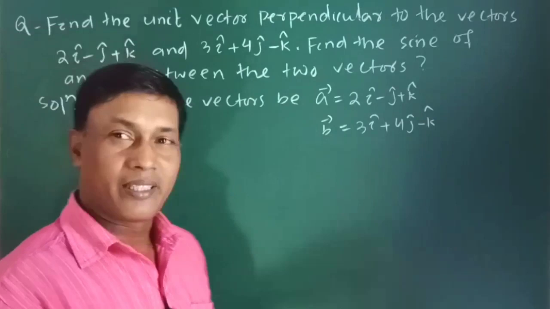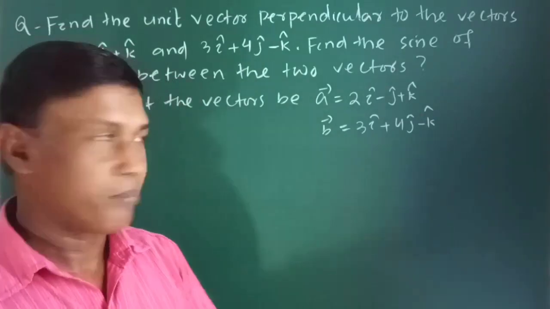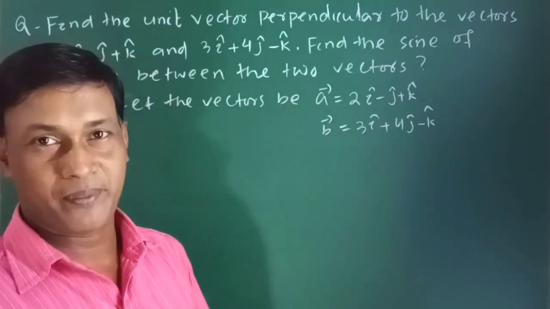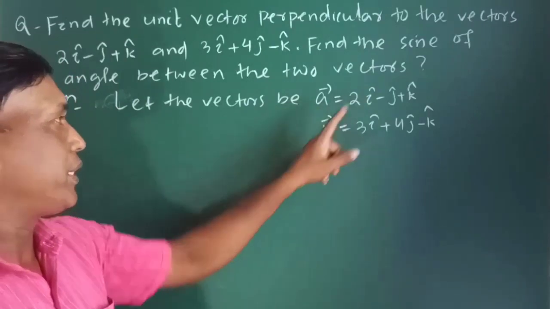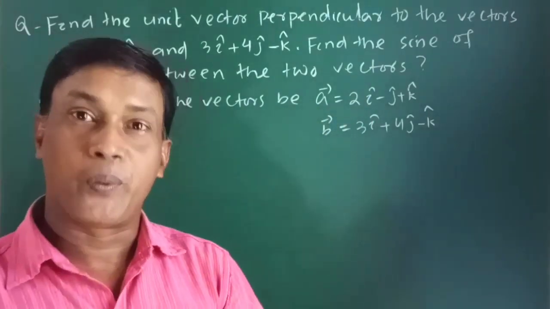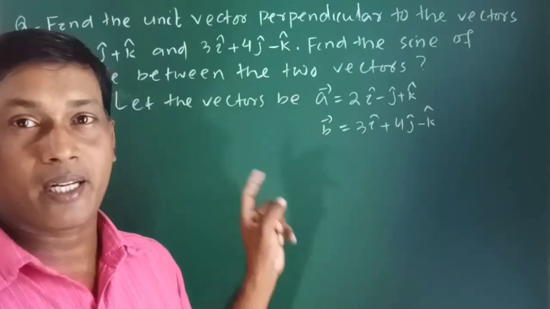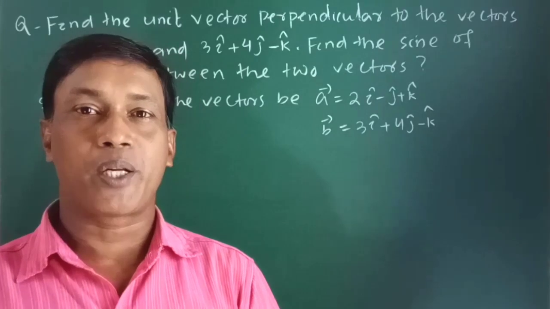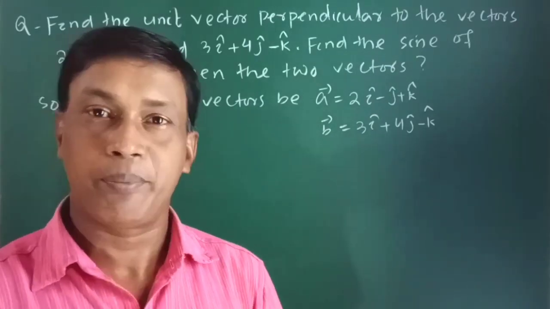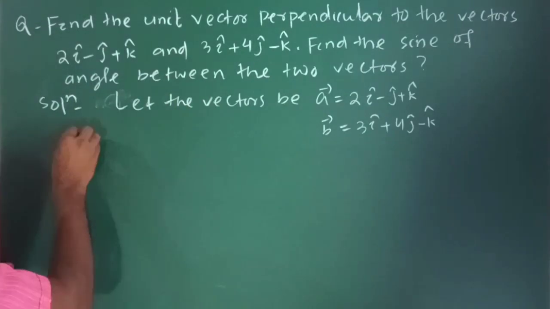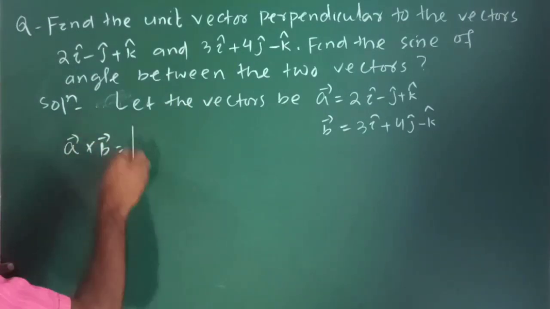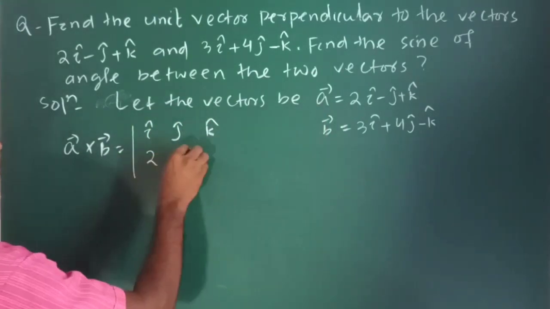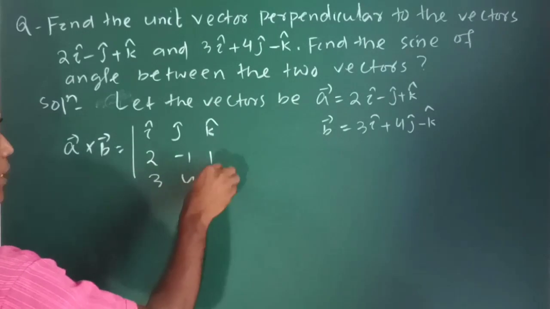Now, in order to find the unit vector perpendicular to these two, first find a vector which is perpendicular to A and B. As I have already said in my previous class, a vector which is perpendicular to both A and B is A cross B. So first we have to find A cross B. A cross B is the determinant with i j k, then the components of A, 2 minus 1 1, then 3 4 minus 1.